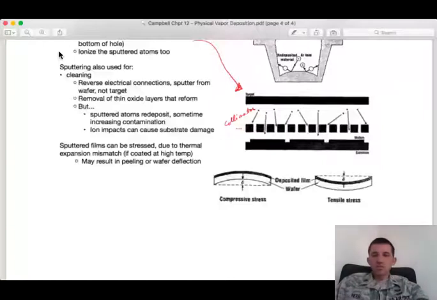It's the ones that are coming out straight that are going to make it through. And so if I'm selecting for atoms that have a straight trajectory, there are going to be a lot more of them that have the right trajectory to make it to the bottom of this feature. So I can collimate it beforehand to increase the step coverage.